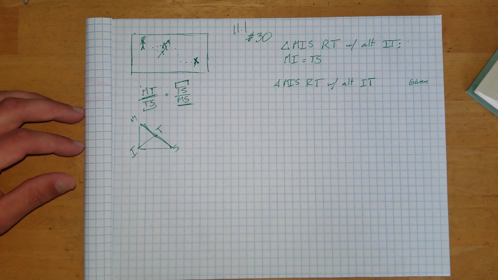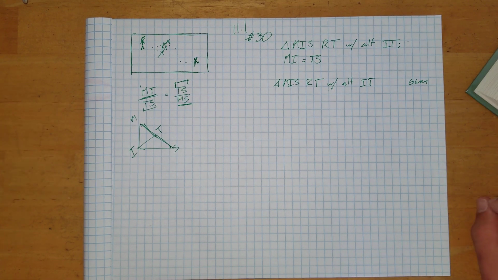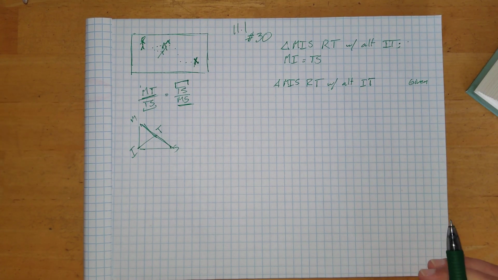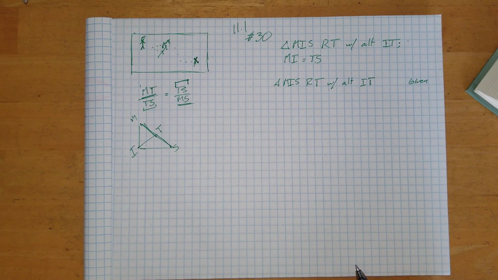We're going to go with corollary 2, because each leg of the right triangle is the geometric mean between the hypotenuse and its projection onto the hypotenuse.